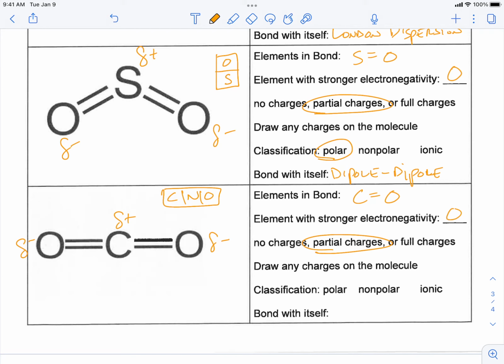Now, based on the symmetry, the left side looks like the right side in terms of charges, partial negative, so that is not a pole. If we look at it horizontally, it's the same idea. This is a linear molecule, so that doesn't really change anything. So there are no poles on this molecule, therefore it's nonpolar. All right, so a nonpolar molecule, and therefore we have London dispersion bonds.